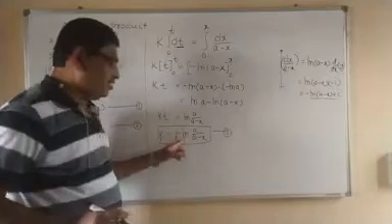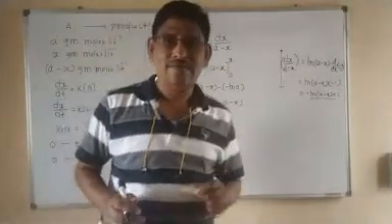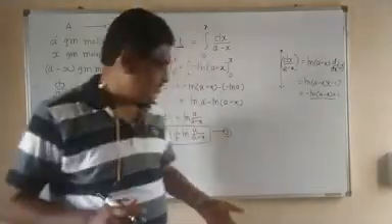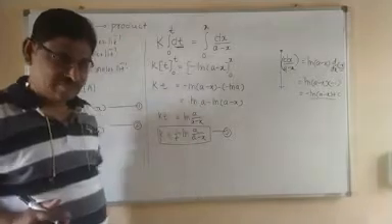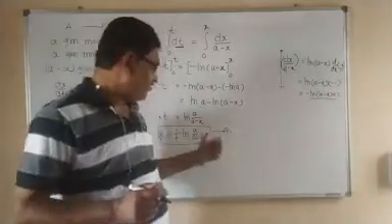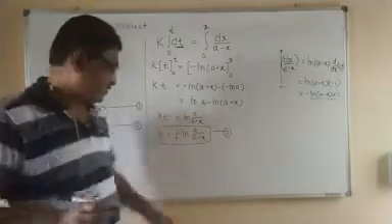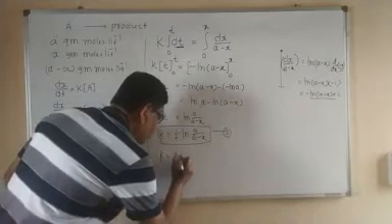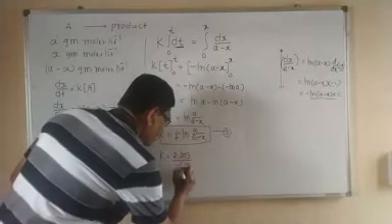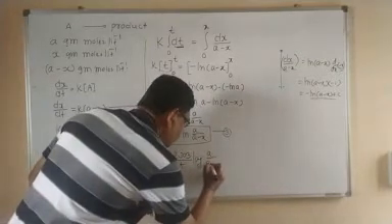Now the base in this case is e. We will have to convert natural log into log to the base 10. How can it be converted? Multiply here by 2.303. K is equal to 2.303 over t log of a over a minus x.